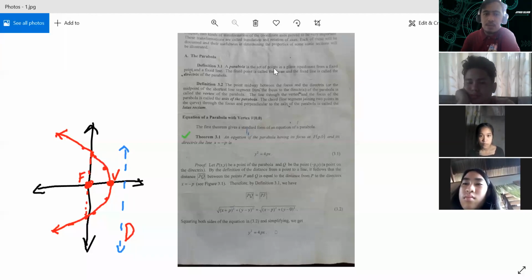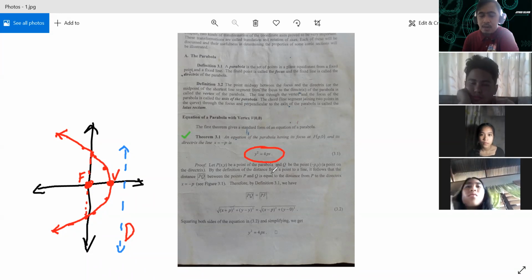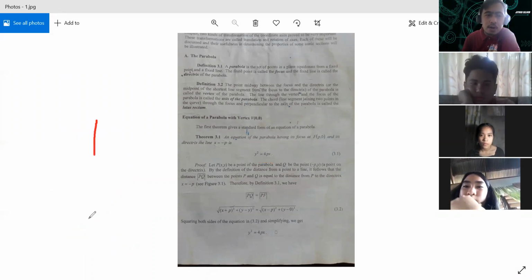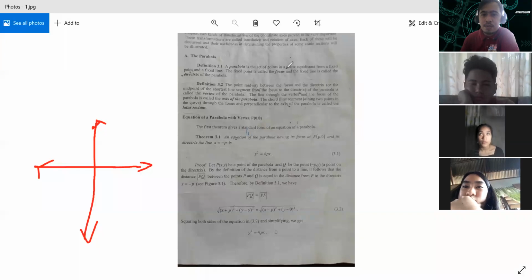So please take note, if the form is like this, your parabola is either opening to the left or opening to the right. Again, we start with the simplest discussion of the parabola, wherein your vertex is at 0, 0.